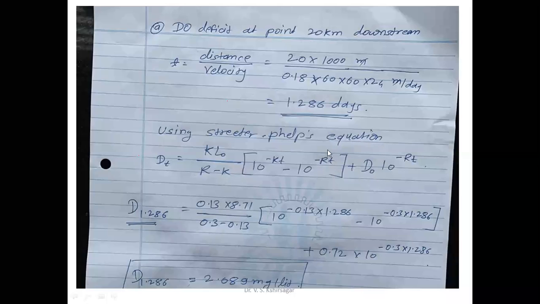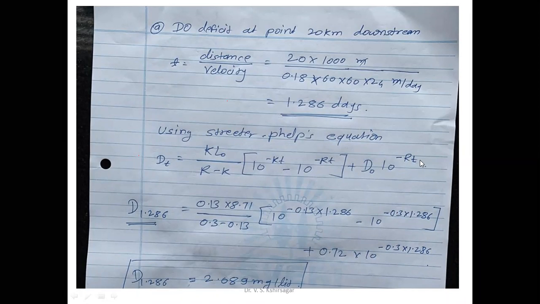That equation is a first order first degree differential equation; we have solved it and determined the equation which is nothing but the Streeter-Phelps equation, that is D_t is equal to k into L naught upon R minus k into 10 raised to minus k into t minus 10 raised to minus R into t plus D naught into 10 raised to minus R t.